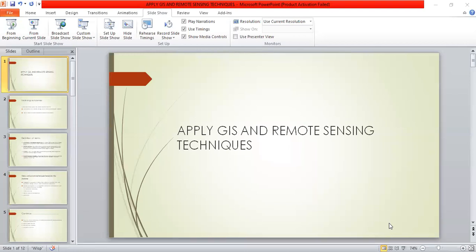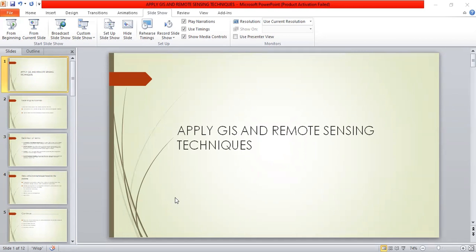I want Jacob to unmute and read what is on the screen. On the screen it's apply GIS and remote sensing techniques. Thank you, Jacob. So the session title is Apply GIS and Remote Sensing Techniques.